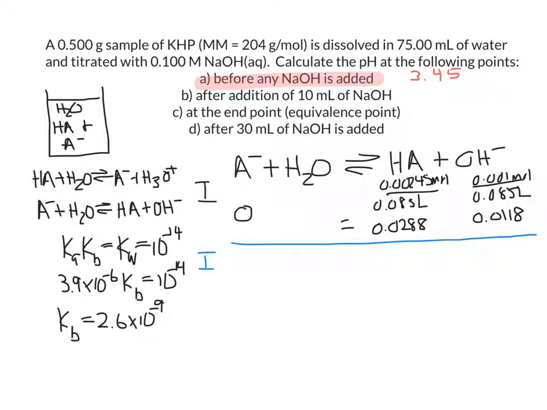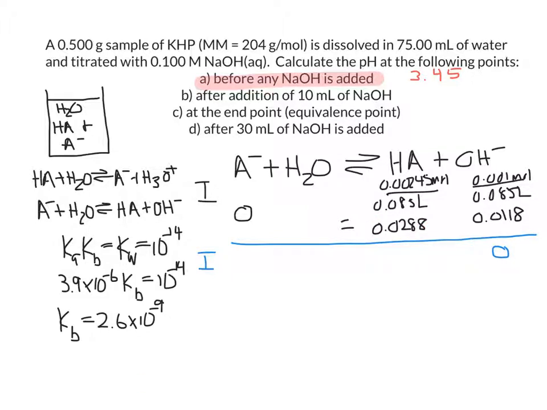And so I'm going to use it all up, and when I use it all up, I use up 0.0118 of my weak acid. So I use up this amount of my weak acid. So if I subtract this amount, because that's what I used up, from this, I will get the amount of HA that I have left.